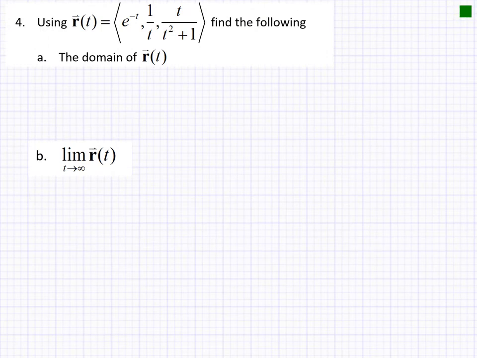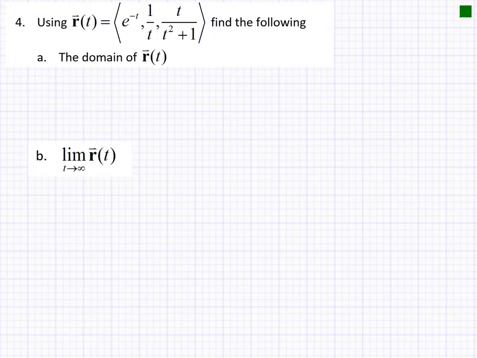So now we're on to these vector valued functions. Looking at this vector valued function, r of t, it's a three-dimensional vector valued function where we have the three components, e to the negative t, 1 over t, and t over t squared plus 1. So the first is we want to find the domain.